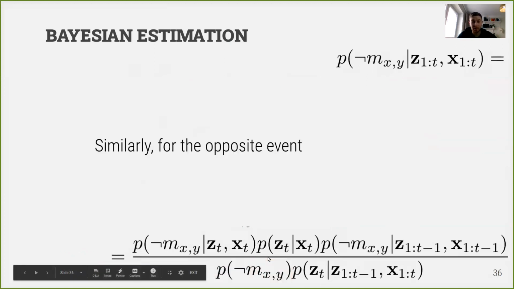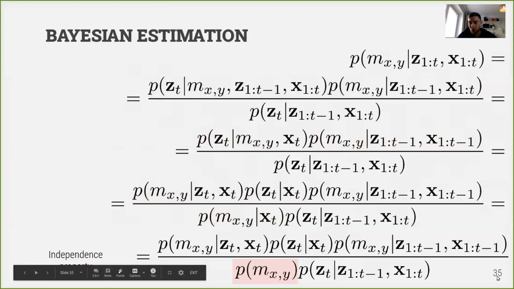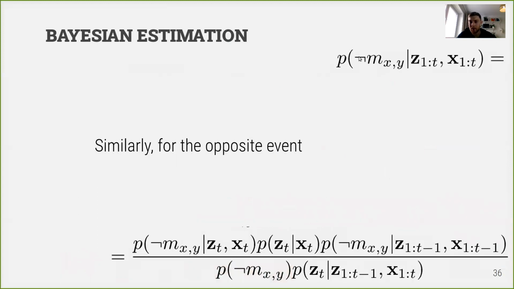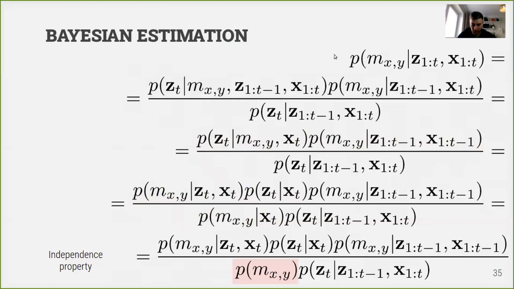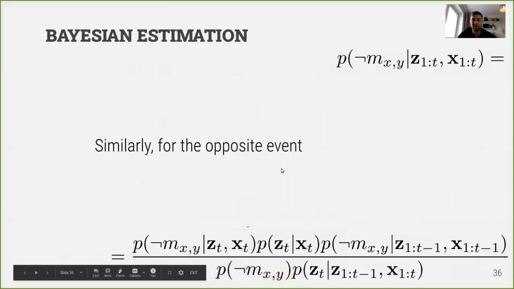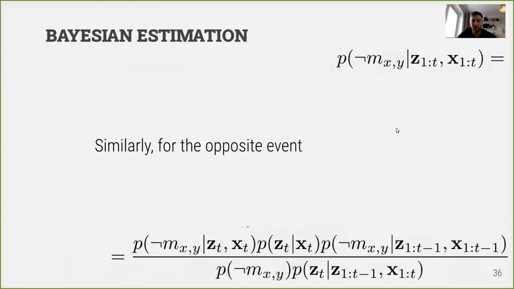So when we come up with something like this, with some huge equation, which looks really scary, we can perform the same for an opposite event. Just notice here, this probability is probability of map being occupied, and the opposite event is map being free. And we can come up with exactly the same equation for the opposite event of map cell being free.